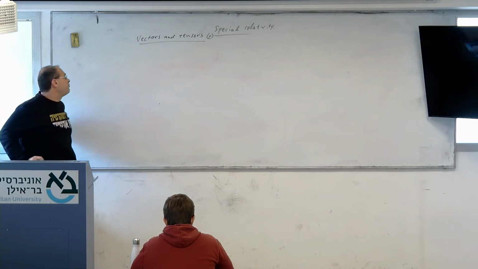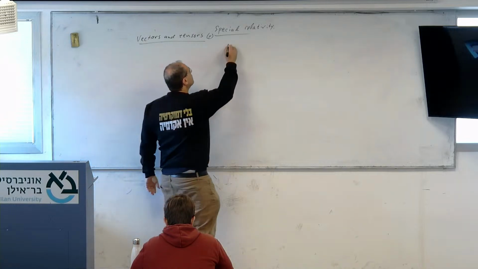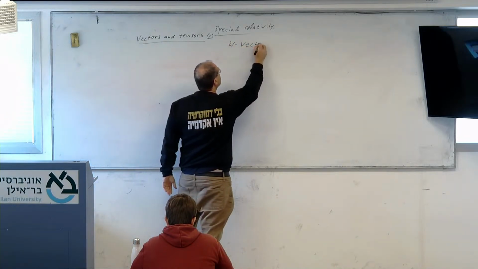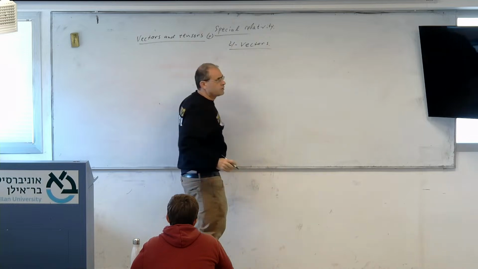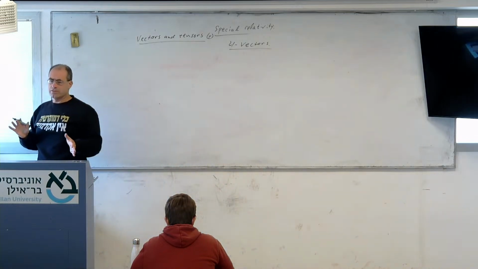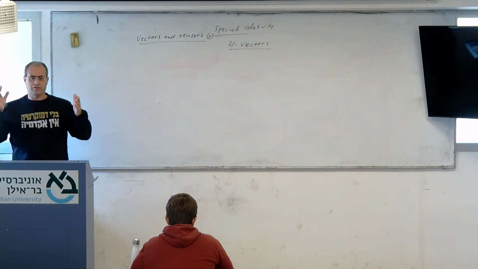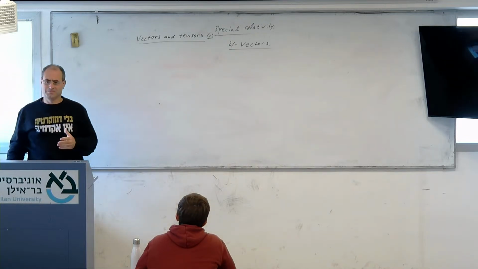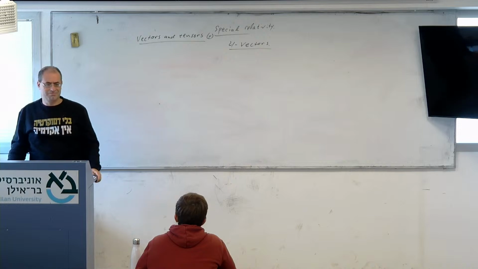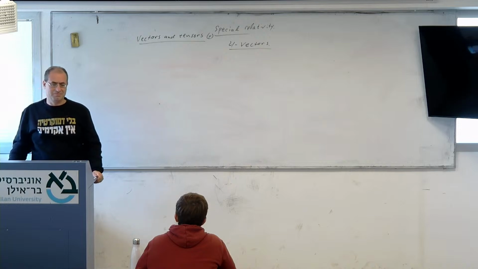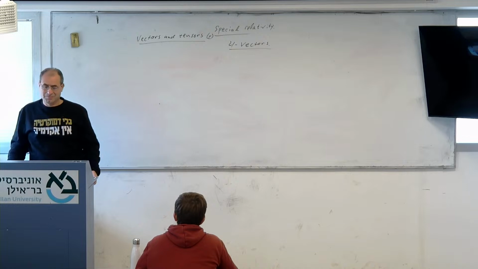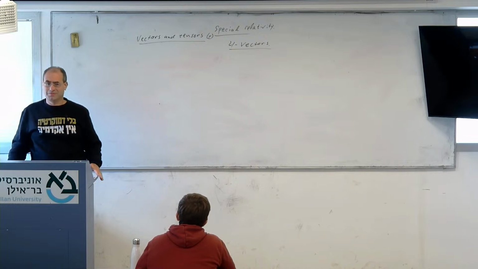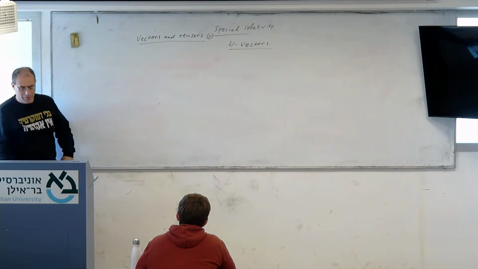Okay, so we start with 4 vectors. Maybe I should start by asking you guys, what is a vector? It's aligned with some direction, pointed to some direction. Okay. Something which has a direction.